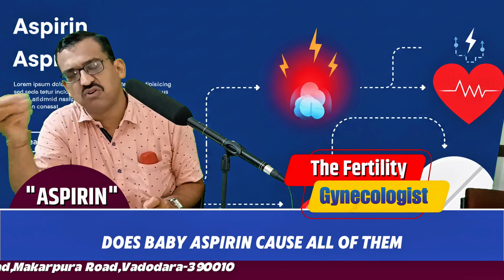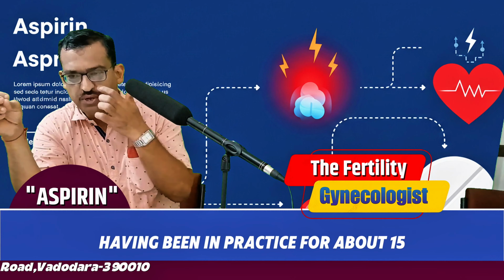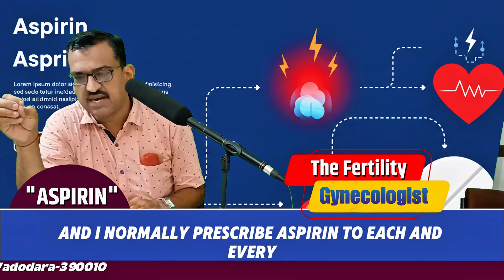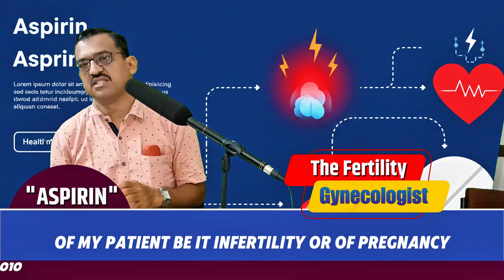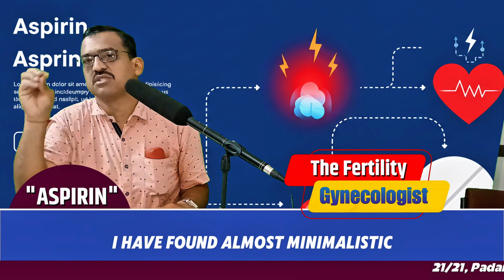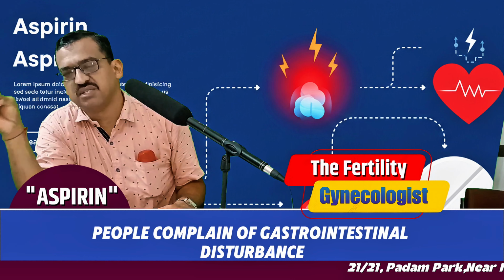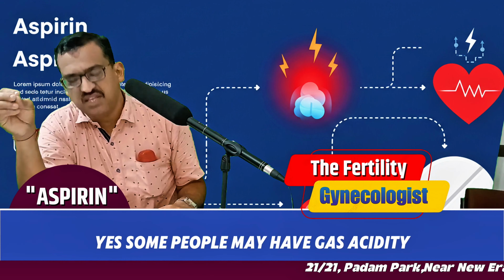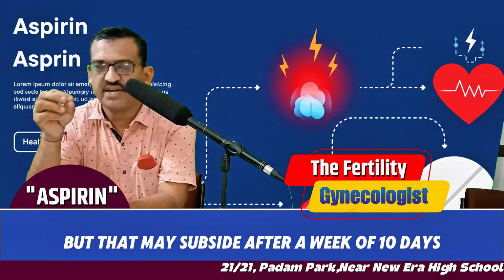Does baby aspirin cause all of them? Having been in practice for about 15-20 years, I normally prescribe aspirin to each and every one of my patients, be it infertility or pregnancy, and I have found that very few complain of gastrointestinal disturbance on aspirin. Yes, some people may have gas, acidity, but that may subside after a week or 10 days.